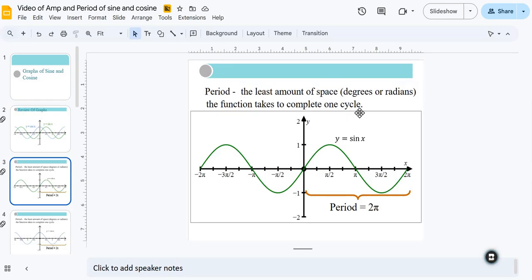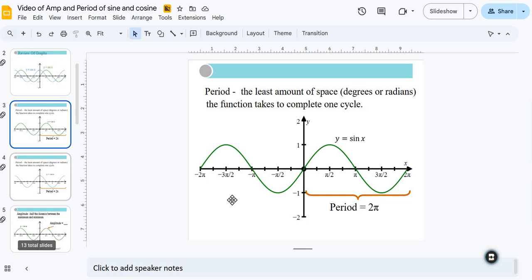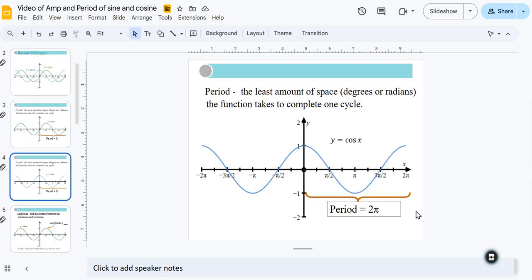So we have not completed a full cycle because we have to go through those negative values as well. So we have to go the complete 2 pi. Now, our cosine graph looks slightly different, but the period was still 2 pi. I'm starting at 1 this time, and it takes a full 2 pi for us to get back to that 1 value.